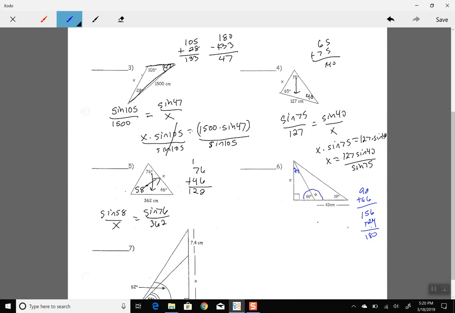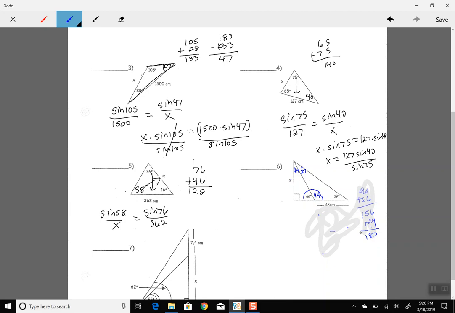So that must be 114 to get me to 180 altogether. If that's 114 and 39, that'd be 153. So this angle must be 27 degrees. So I've got all the angles in this triangle now.